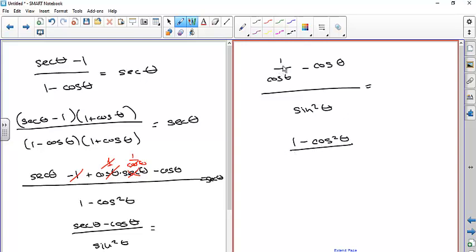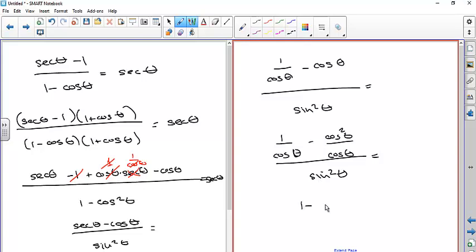So what I've done, let me not go too many steps at one time. So I'm going to combine these two. So I have the cosine of theta here. I'm going to multiply and divide by the cosine of theta there. So I'll get cosine squared theta over cosine theta, all divided by sine squared theta.